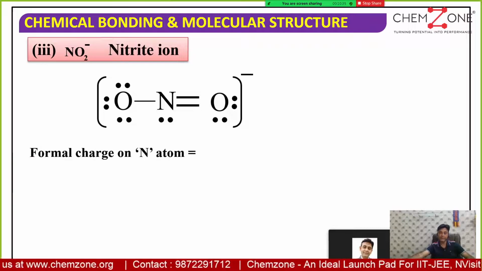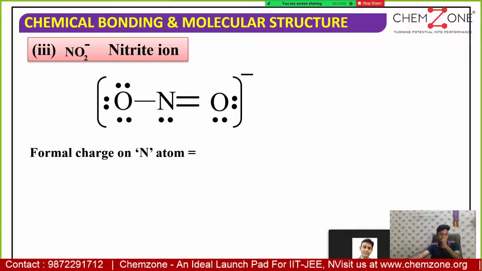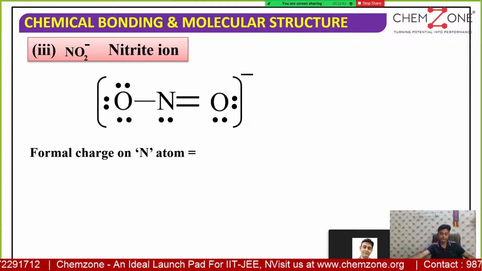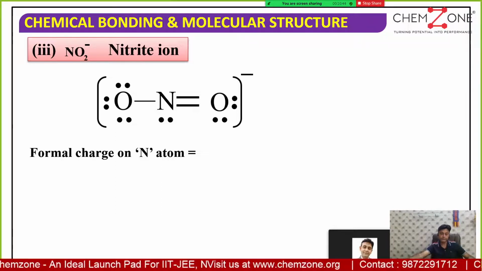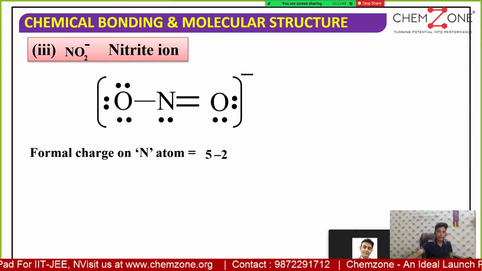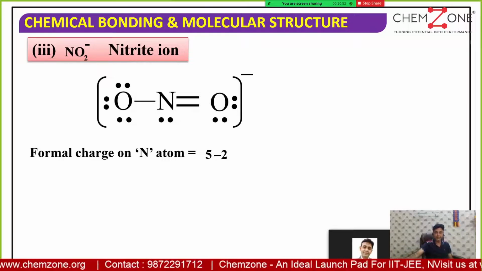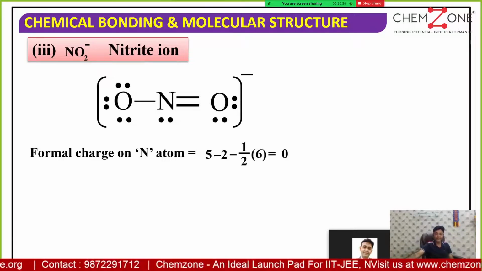Formal charge on the nitrogen: 0. 5 valence electrons, 0 lone pair, and 8 bonding electrons, half is 4, so 0.